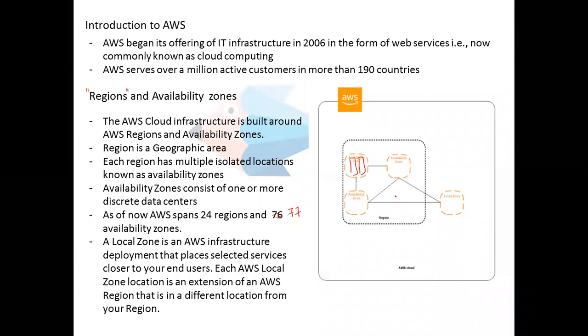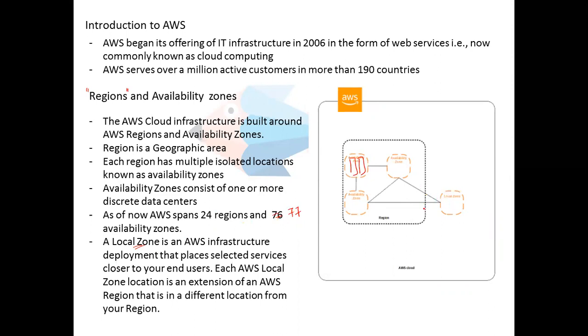As of now, we have 24 regions and 77 availability zones. As said, this number will keep on changing. Next we have a local zone. A local zone is basically an extension of a region.